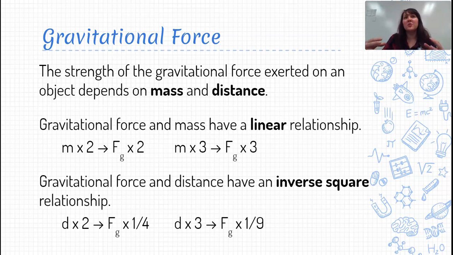The gravitational force decreases really, really quickly at a faster rate than the distance increases by. So if we double the distance, the gravitational force drops by a factor of 4, not just a factor of 2. All right, and if we triple the distance, the gravitational force drops by a factor of 3 squared, or 9. All right, so we see this very dramatic drop-off in gravitational force as we increase the distance between two objects.